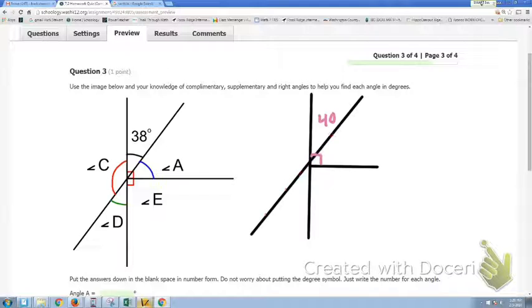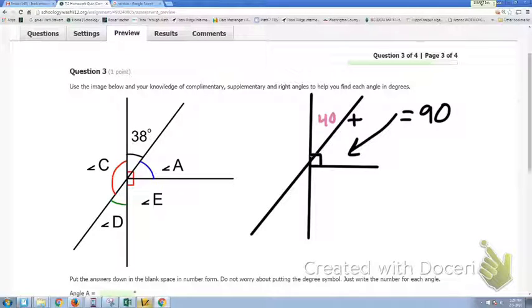That's helpful because, well, let's face it, we know what complementary and supplementary angles are. So if this is a right angle and this line is intersecting that right angle, then I know that this plus this angle is going to be equal to 90 degrees. They're complementary.